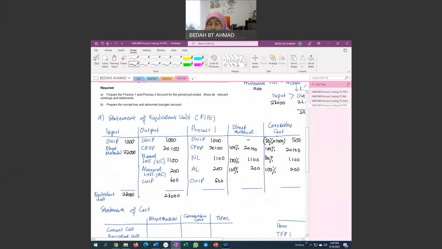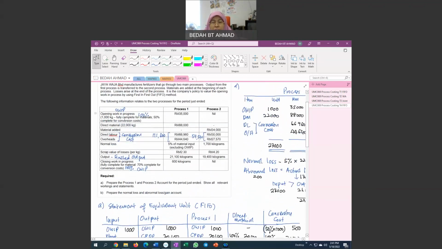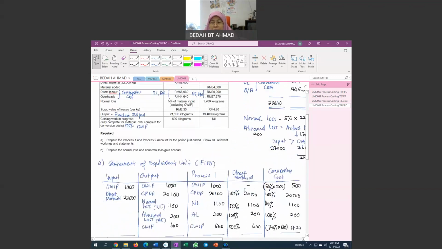So here is 100% for the closing work in progress, and 70% out of 600. So it is 420 for the closing work in progress. Opening work in progress, we don't record how many percent here because it is fully completed at 100%.